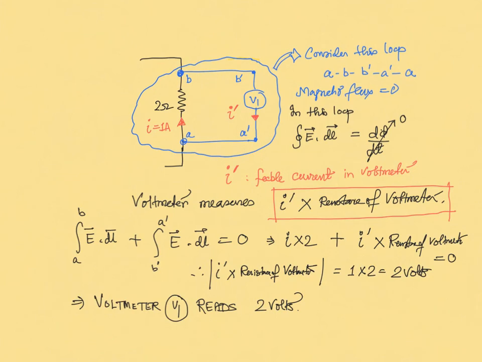Now let's go to the voltmeter V2. Neglect that right part of the circuit. This was the 8 ohm resistance, and the current through the 8 ohm resistance is 1 amp. The points are named C and D, and there lies the voltmeter V2.